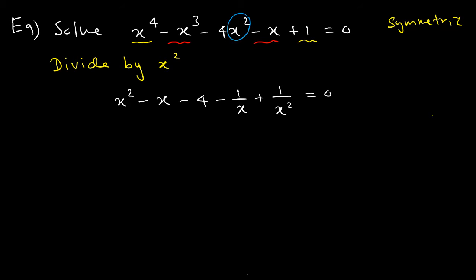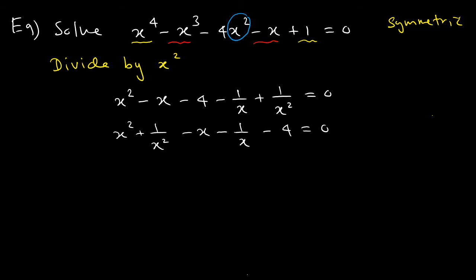Now what we can do, we're going to collect terms. We're going to move the terms around so that you can write this in a special form. Let's move the x squared and 1 over x squared terms together, and then you also have negative x and negative 1 over x, and I'm going to have negative 4 over there.